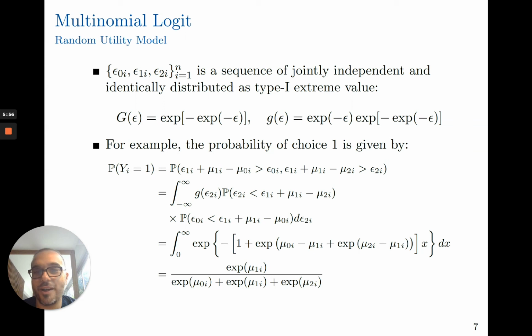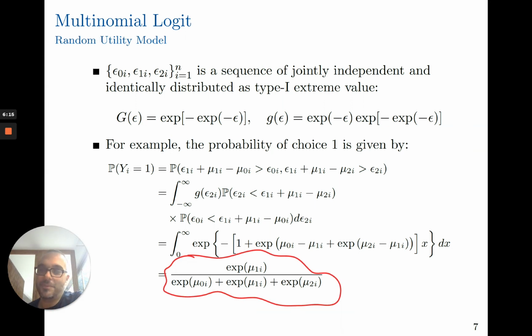We can write this joint probability as an integral here. And if we solve this integral, well, look what we get.